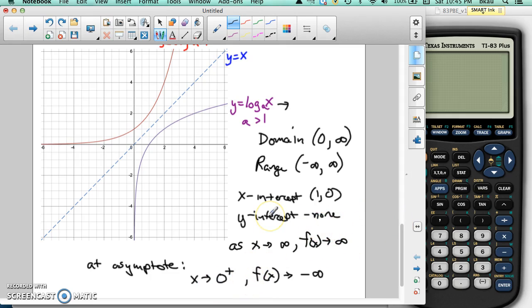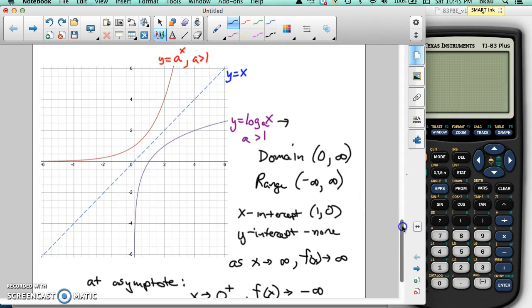So we have a right bound going out to the right. It's going up as we go to the right, so it's going to go to infinity. As it goes toward 0, it's going to go to negative infinity. It can't go all the way to the left. We have an asymptote there.